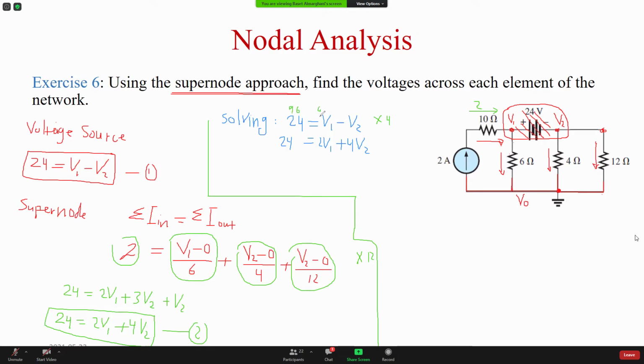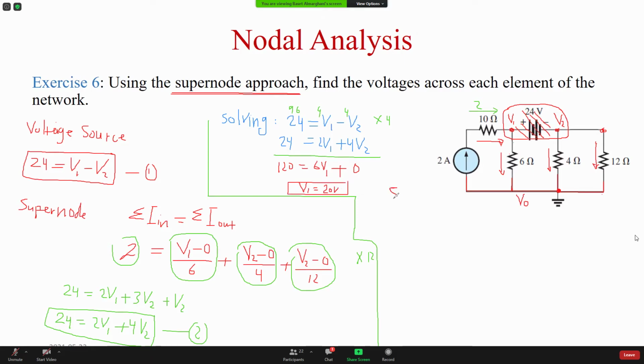This is 4 and this is 4. Then I'm going to add. This is 120. This is 6V1, and this one here is 0. So V1 equals 120 divided by 6, that's 20 volt.